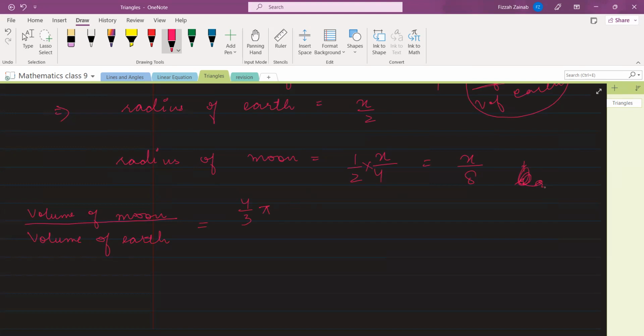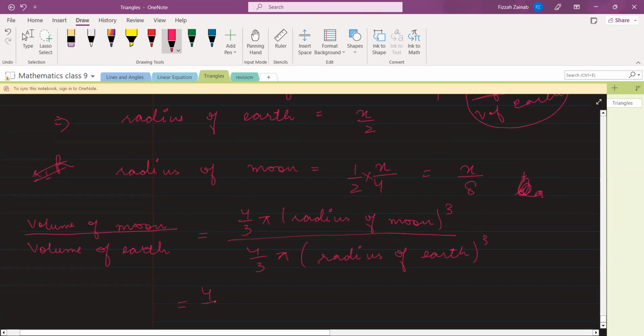So we cannot use the same symbol. Either you use a small r and capital R, or you just write this in words. Radius of moon whole cube divided by 4 upon 3 pi into radius of earth whole cube. This way you can write. Is that clear?